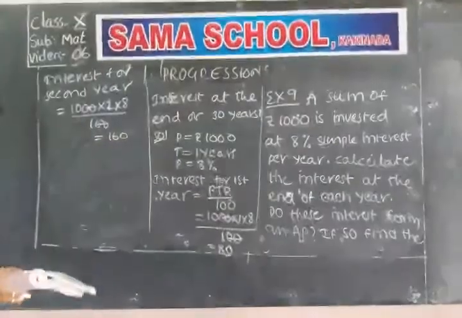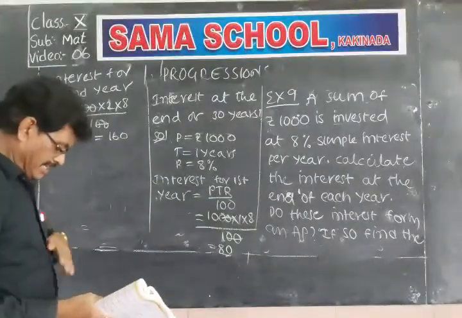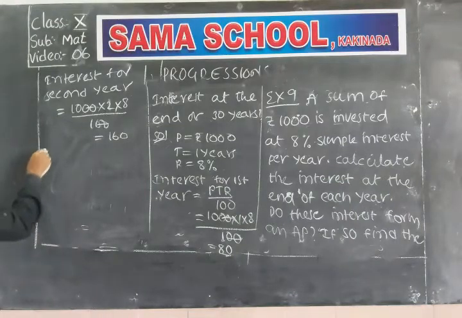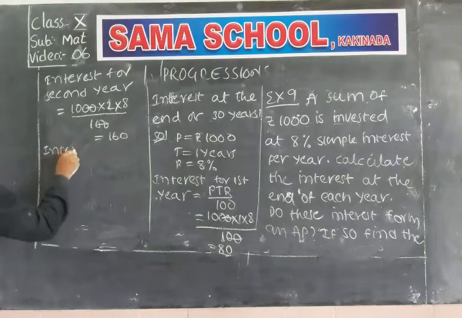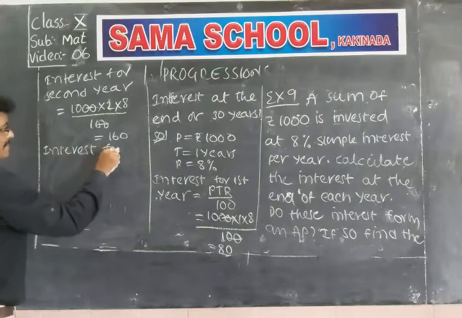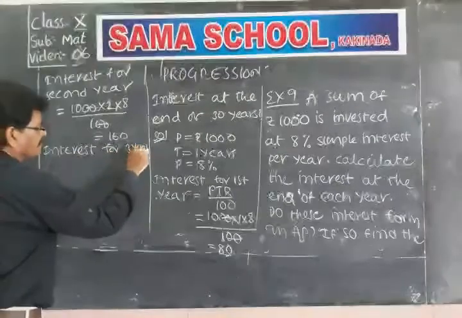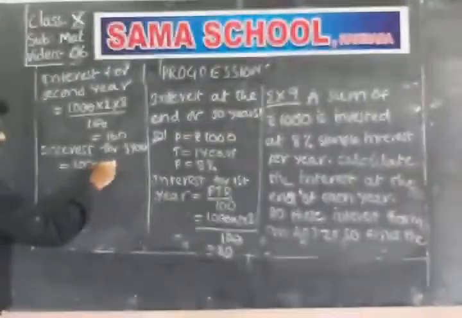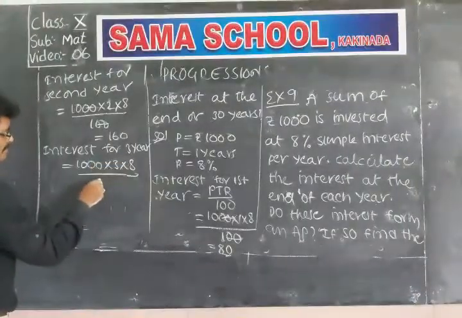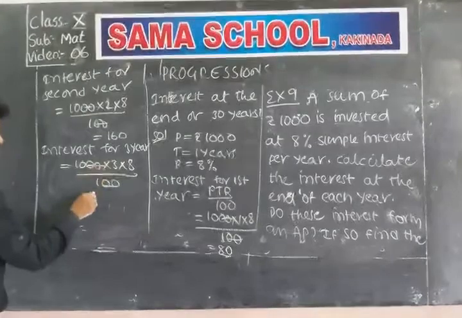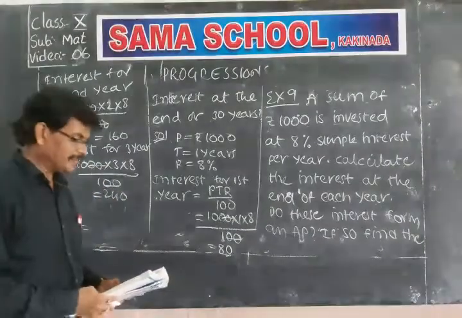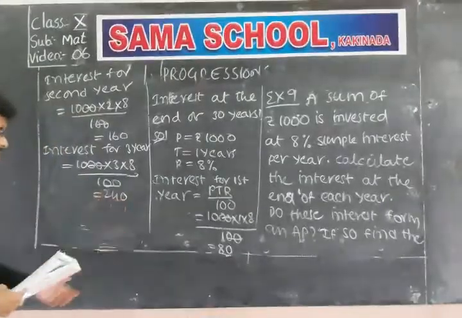It is 160 for the second year. And now the third year. Interest for the third year is equal to 1000 into 3 into 8 by 100, that is 240.